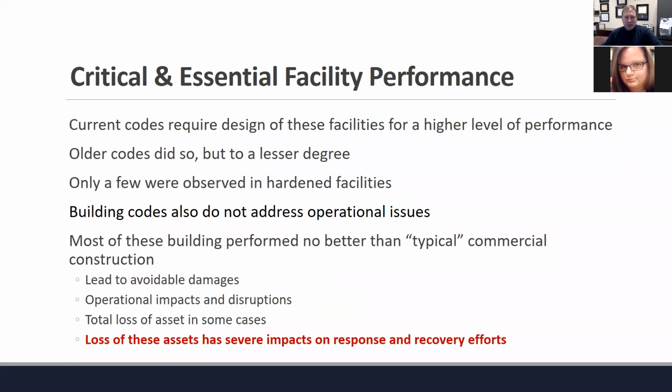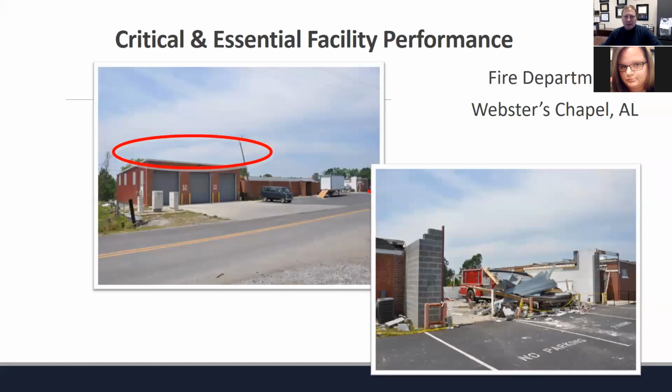So we've talked a little bit about this. So in terms of critical and essential facility performance, this is a fire station in Alabama, and it reminded us one more time about how sometimes we build structures with the intent of keeping the rain out of the building. We typically don't think a lot about holding the roof in place.